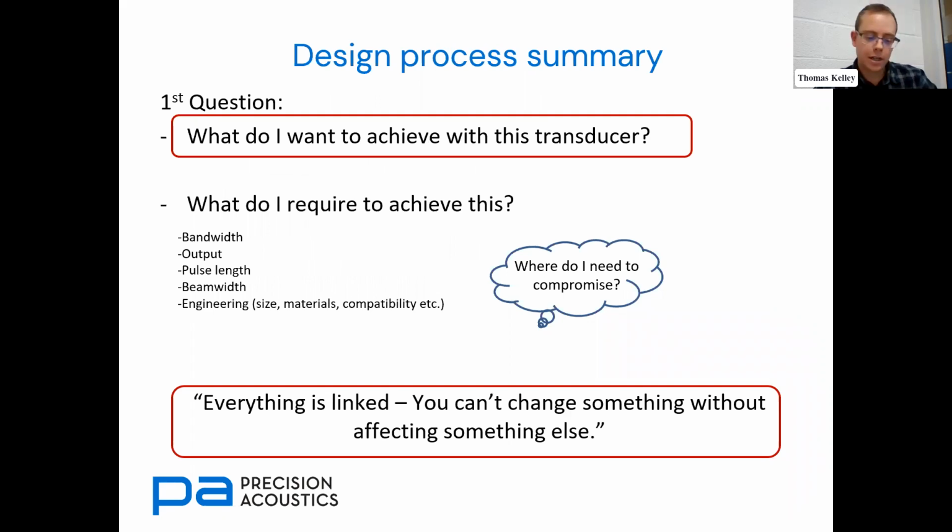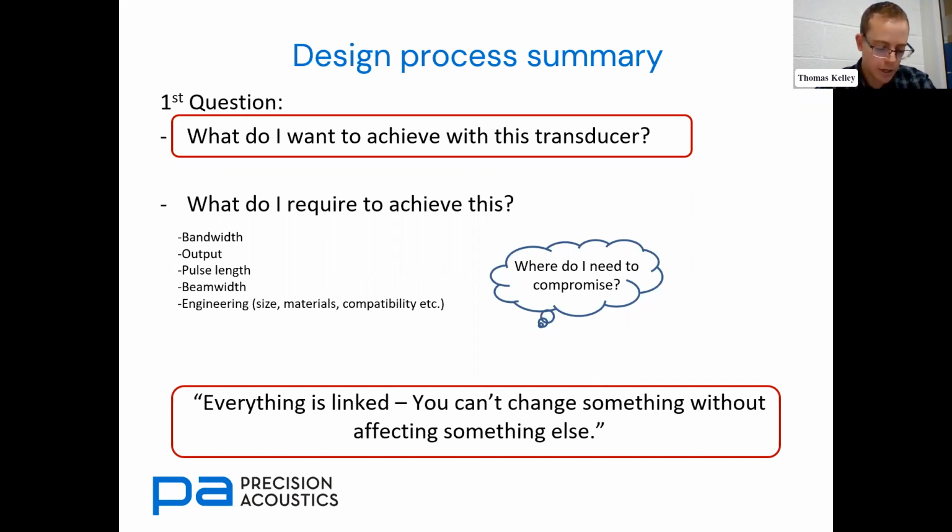So I guess as a final summary of the design process, a couple of questions that you should probably ask yourself, beginning with considering what you actually want to achieve with the transducer. A very key question. Then moving on to considering what you need to be able to achieve this: the bandwidth, output, the pulse length, the beam width, the drive side.